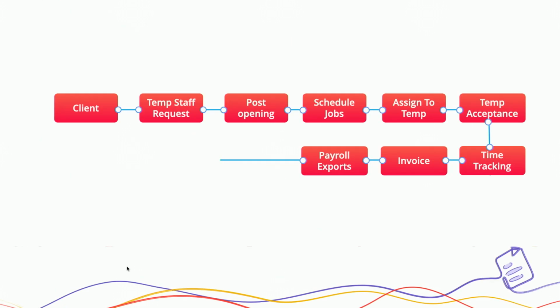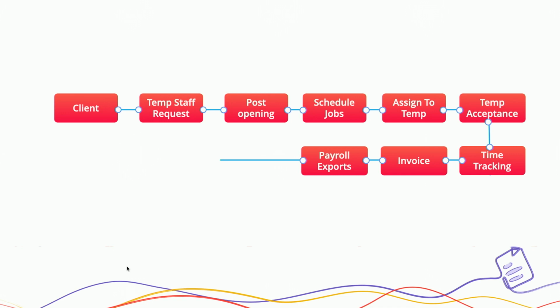Let's look at the typical workflow in the case of the temp agencies as to how they go about this. So you have a client who comes in and says, I need about 500 contractors. They post what the job is, and then the agency takes in the request, and then they post the job on their job boards, and they have a database of all their temp workers in their staffing module.